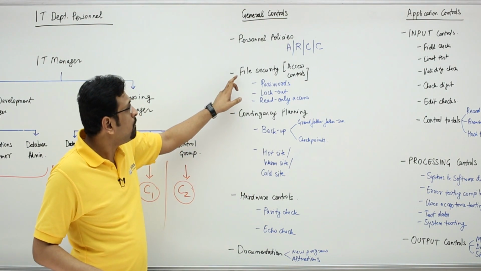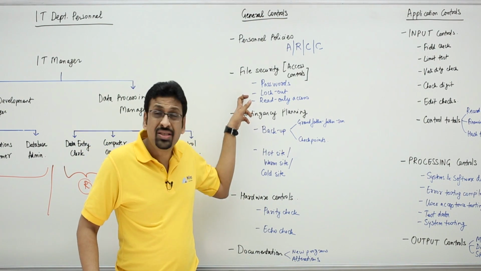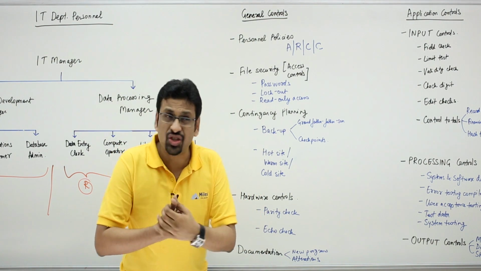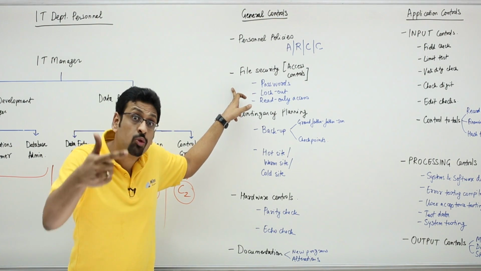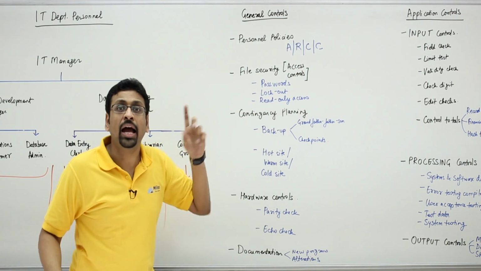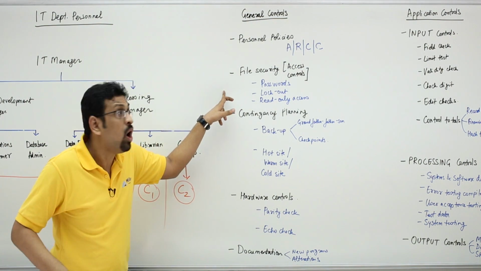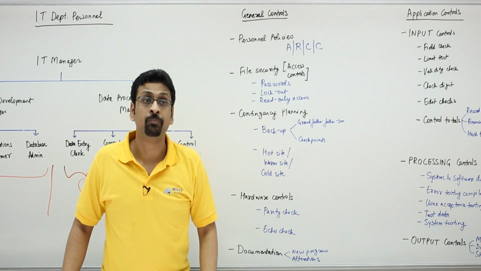Someone once said, passwords are like underwear. You should change them pretty often. You should not leave them out for others to see, and you should not share them. If you remember these tricks, you will know how to maintain your file security and access controls.